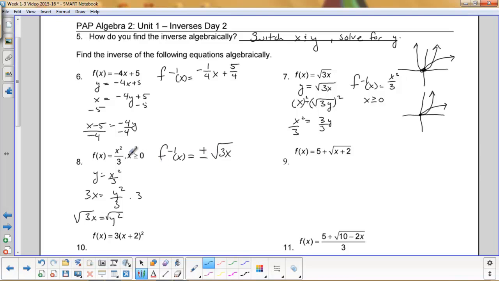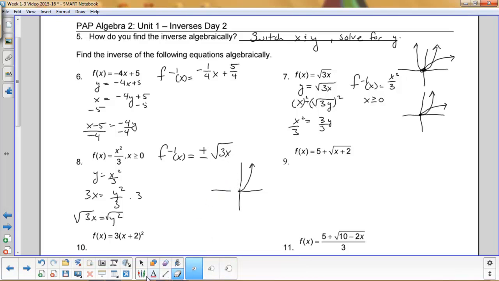If the restriction x greater than or equal to 0 was not on the original, the function would look like this. But because of the restriction, this branch is missing.